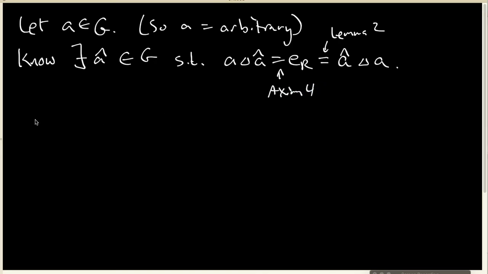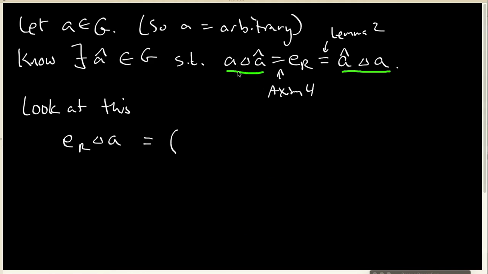And so what I want to do is look at ER triangled with A. Now, ER triangled with A can be rewritten as, well, let's see, ER can be rewritten as either this expression or this expression, and I'm going to choose this first expression.